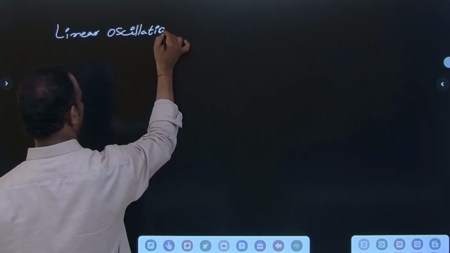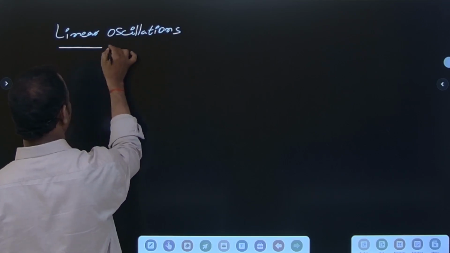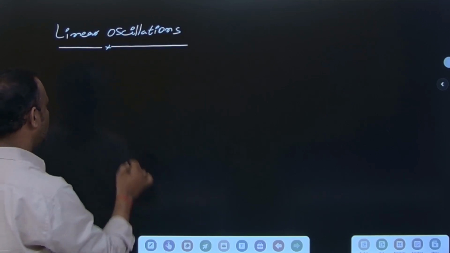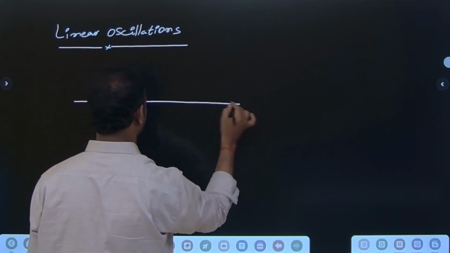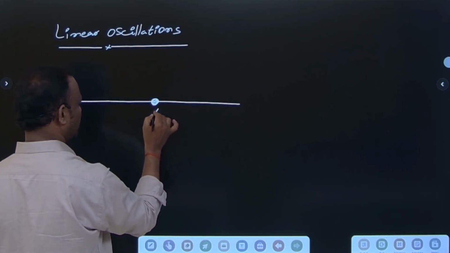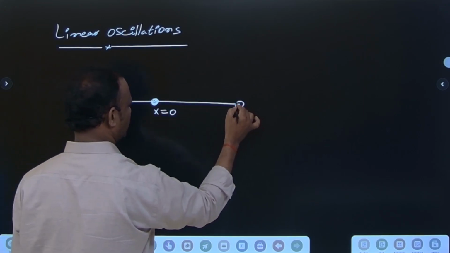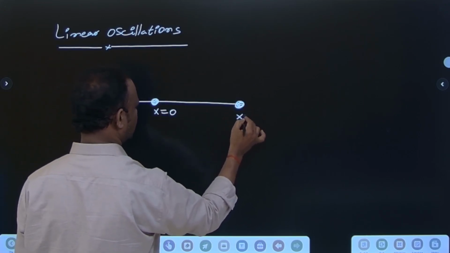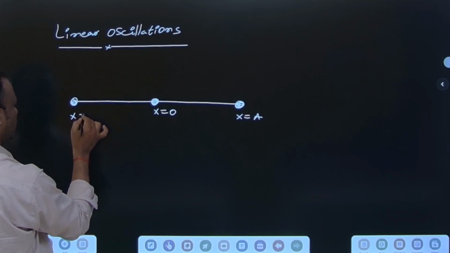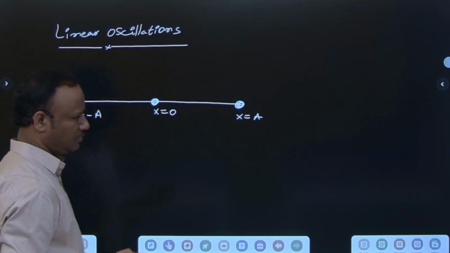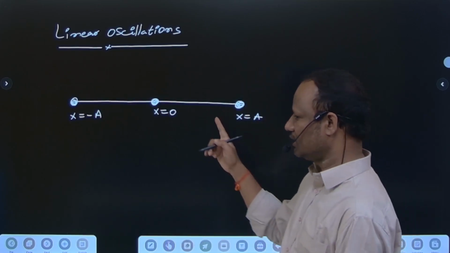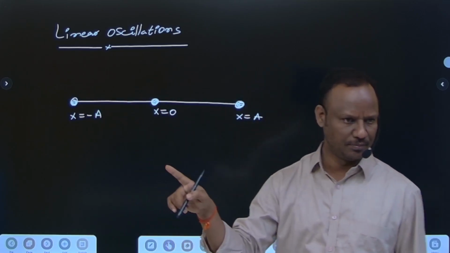Just linear oscillation. Linear means it should be a straight line path. As usual, the positions are X equals 0, X equals A, and X equals minus A. Amplitude can never be negative, but negative here indicates the left side from the mean position.